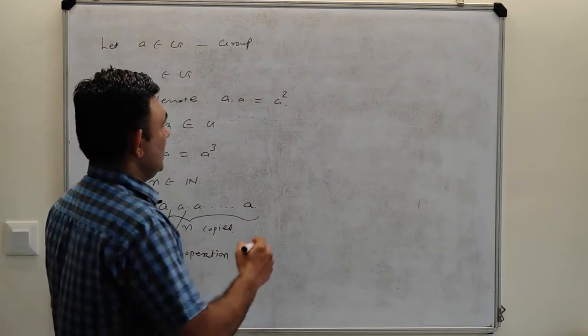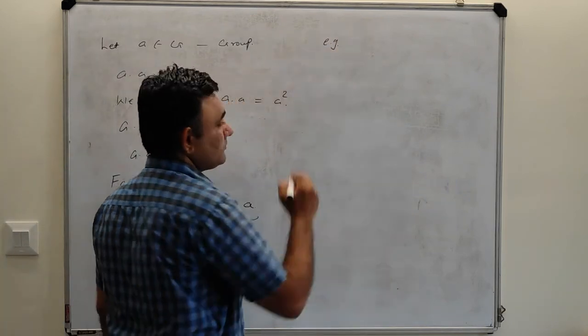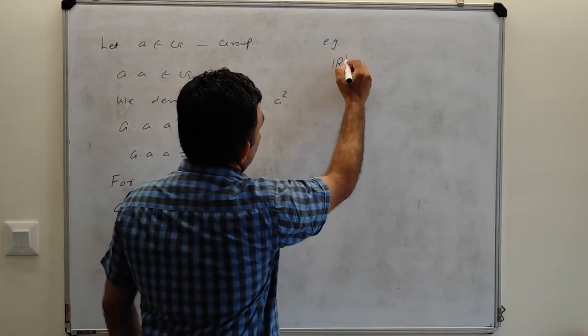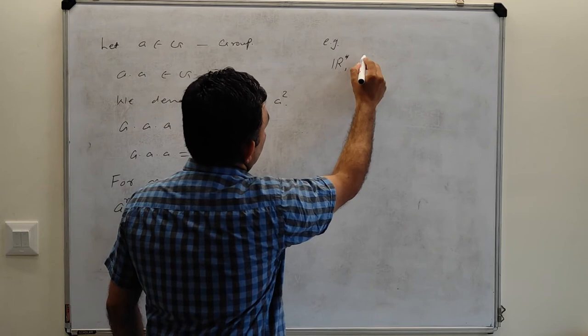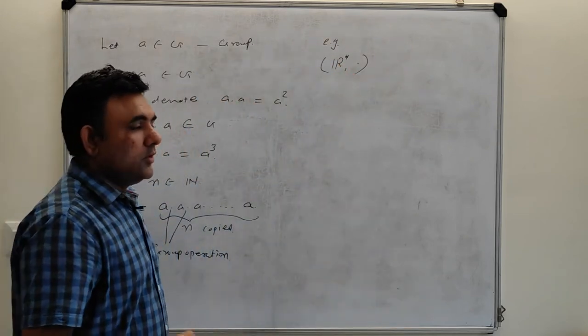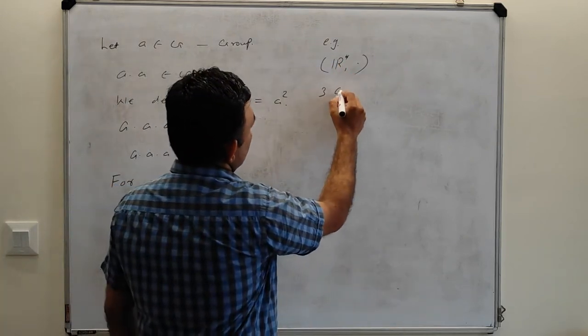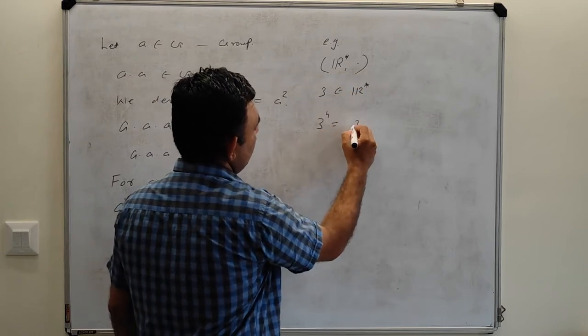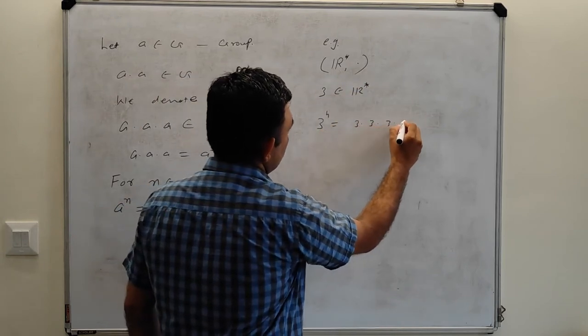So for example, let me consider R star with multiplication. This is a group. If I consider 3 belonging to R star, then 3 raised to 4 means 3 dot 3 dot 3 dot 3.